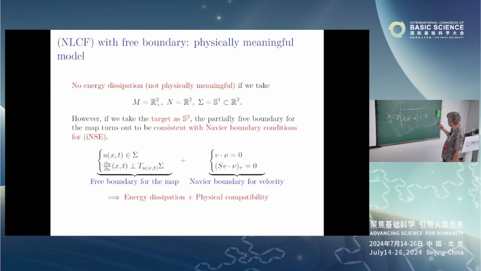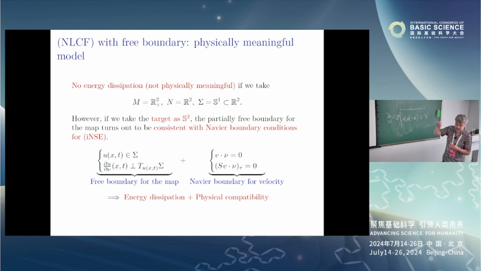It would be closer to this situation, okay? But you can show very easily that there is no energy dissipation if you take this geometry. So you really need to have a target for n, and the constraint to be in the target, you know?